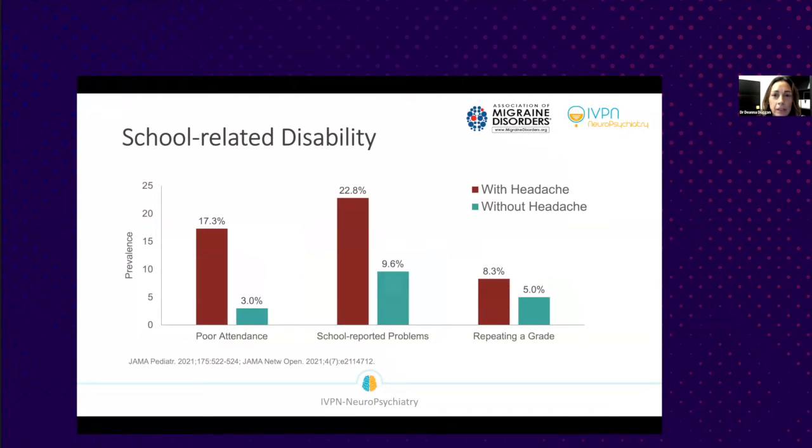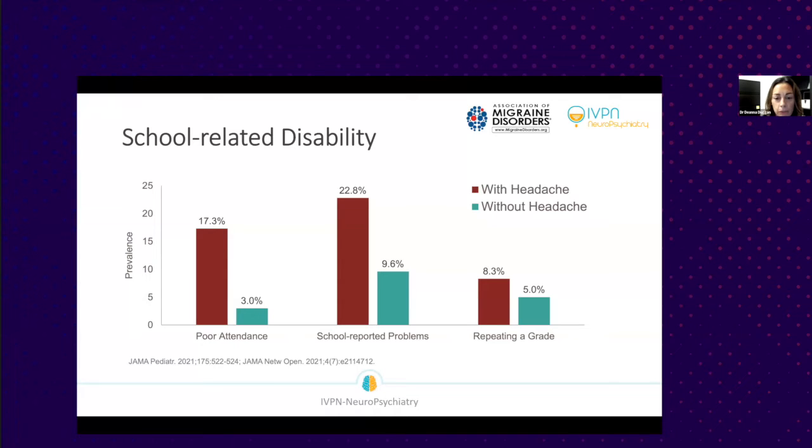And because of that, we know the frequency, the prevalence in kids, and unfortunately the consequences of migraine, that it does impact their school performance. With regard to attendance, if they're just not able to attend school, if they need to arrive late or leave early, we see a large impact on school attendance because of migraine.